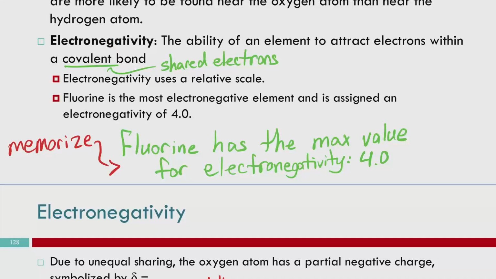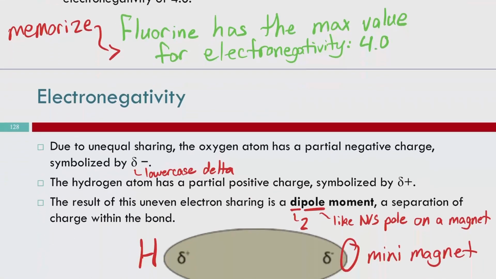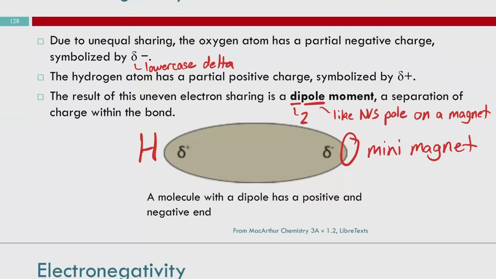So all the atoms have an inherent tug of war stat for electrons. And if you've got a really high electronegativity value, that means that they're very big and very strong, and they can really pull on those electrons and steal them away from other things. And if you've got a really small number, that means you're not a very strong person, not a very strong atom, and so you cannot pull those electrons very strongly, and you'll get your electrons taken sometimes.